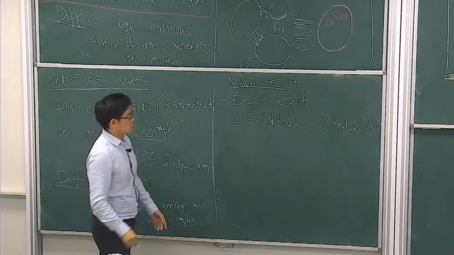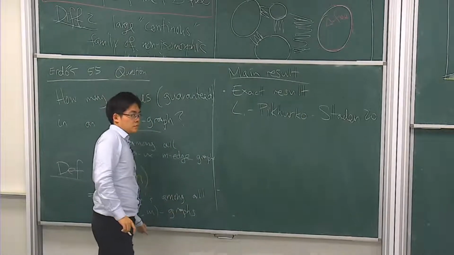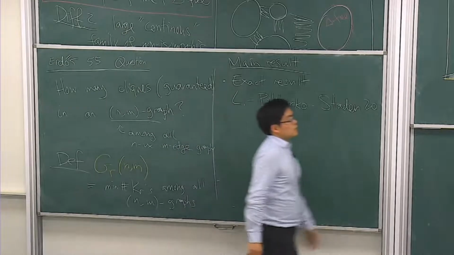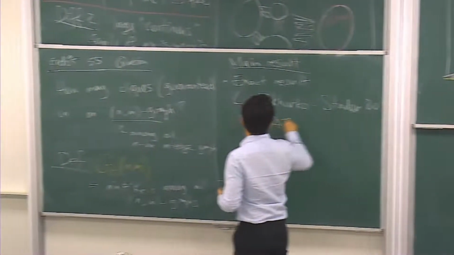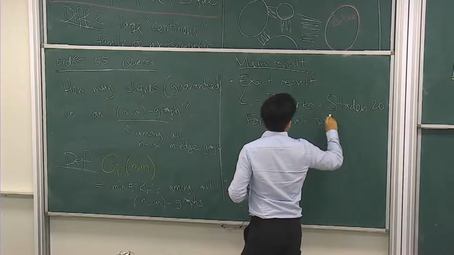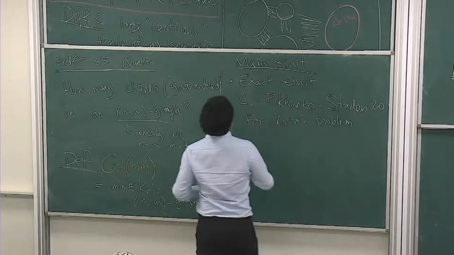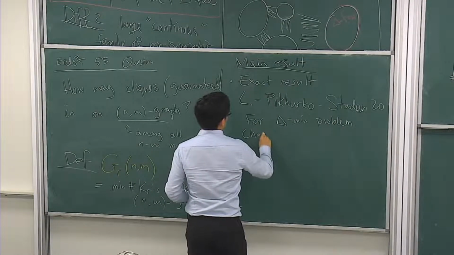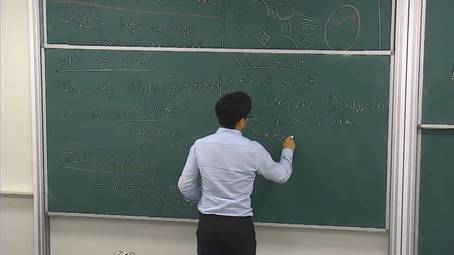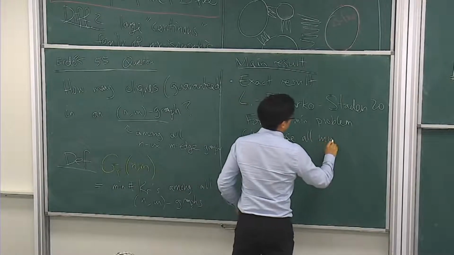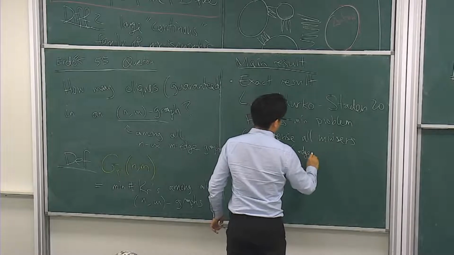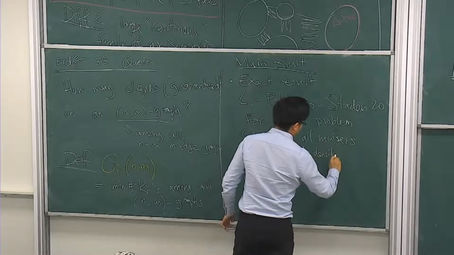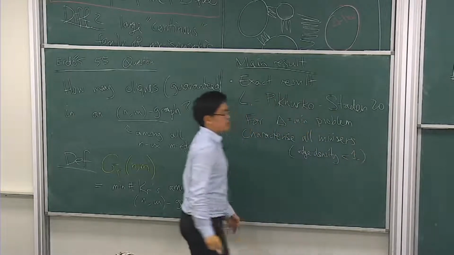A few years back we did this, and this year it was accepted. So we proved that at least for the triangle minimization problem, we characterize all minimizers, provided that the edge density is strictly less than 1.